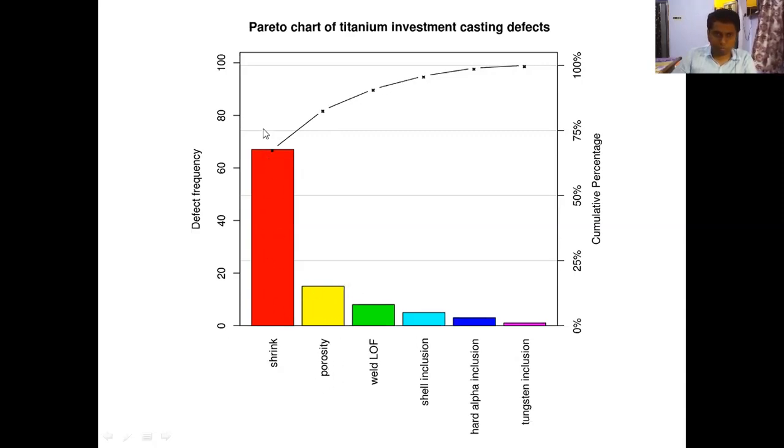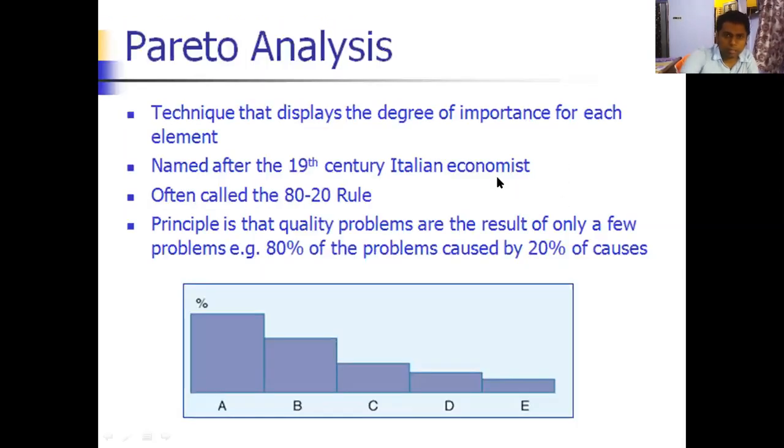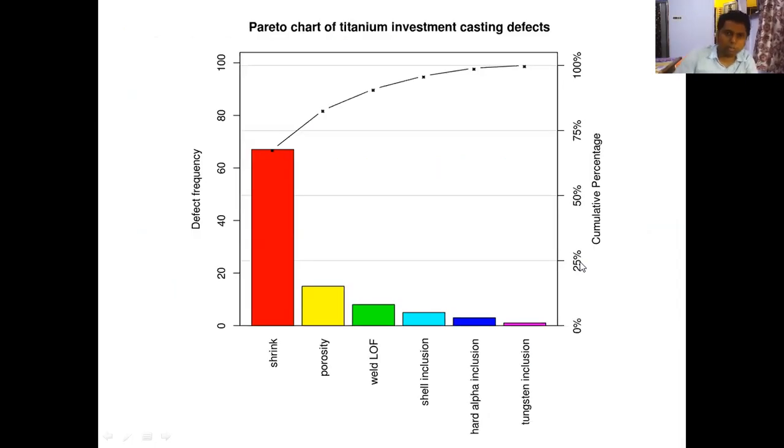So if you consider only the first 2 factors, shrink and porosity jointly comprise near about 80% of the defects. So our conclusion is that 80% of the problems are caused by 20% of the defects.